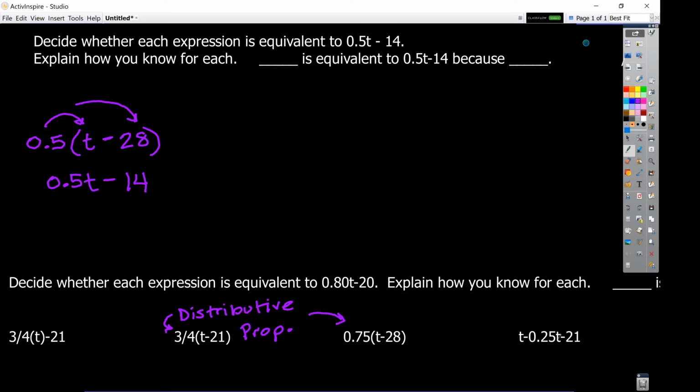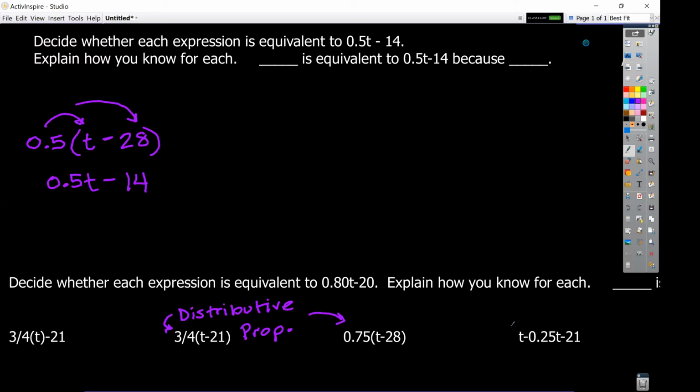Okay, so in the problem, it'll say t minus 0.25 times t minus 21, okay? Well, what you have to understand about this expression, this lonely t here that starts the expression has no coefficient, has no number out in front of it.